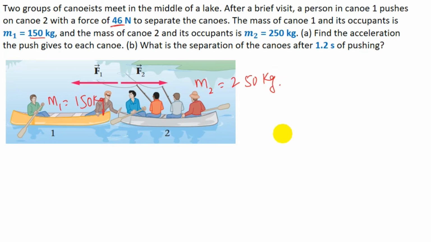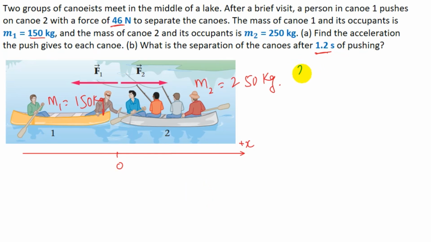Now there are two parts in this question that we need to solve. In the A part, we need to find the acceleration the push gives to each canoe and the separation of the canoes after 1.2 seconds of pushing. First I'll define the coordinate system. For my convenience I'm taking the origin to be the point where the canoes touch. Then we can draw the free body diagram for both systems.